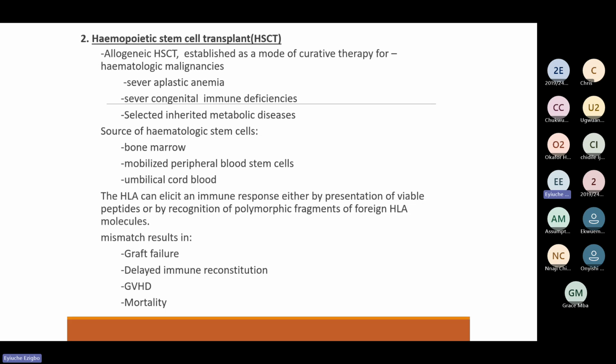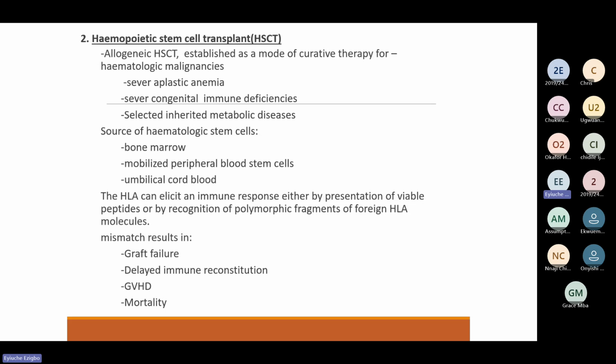So in some of these hematological malignancies, hemopoietic stem cell transplantation has been established as curative. Then the source of the hemopoietic stem cells can be bone marrow, mobilized peripheral blood stem cells, or umbilical cord blood. These are the sources of the hemopoietic stem cells.